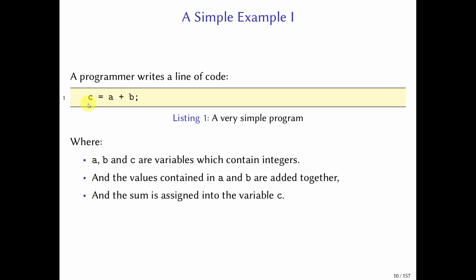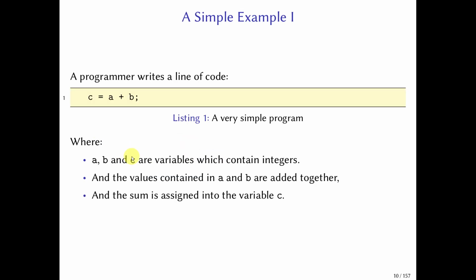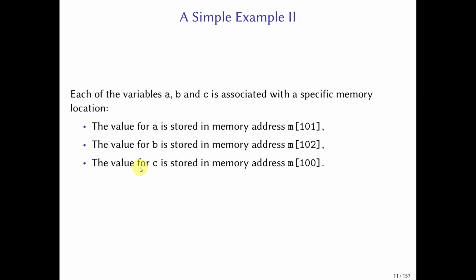You also know that that line of code can't be executed directly by the computer system. It has to be converted into a lower level format, and you know that the way that's done is through the process of compilation. So one of the things we can say about C equals A plus B, from the perspective of thinking about it at the lower level of how the computer operates, is that each of these variables, A and B and C, have to be stored somewhere in the computer system, and the only place where they can be stored is inside the main memory.